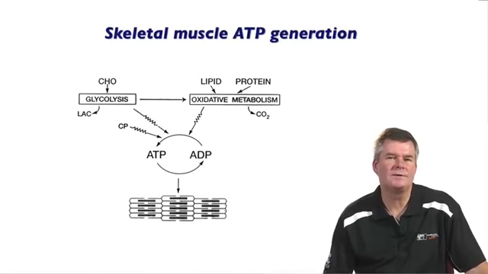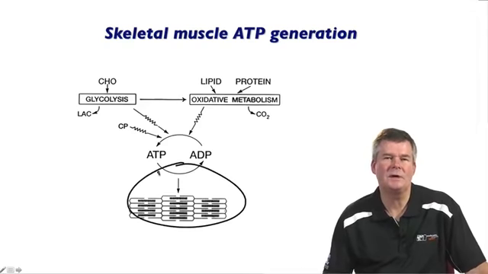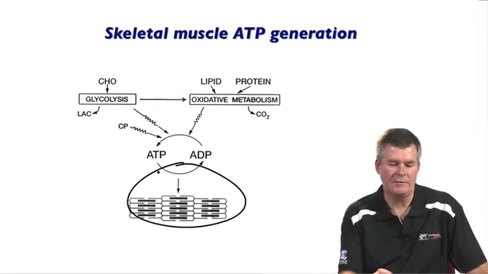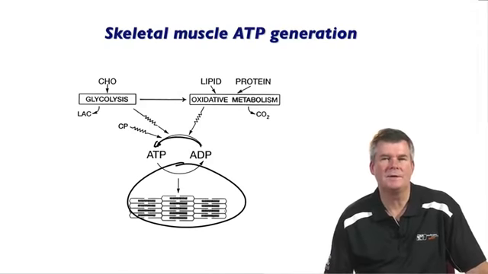This figure summarizes those energy systems. The important processes I mentioned earlier, where ATP is utilized in muscle contraction, and then the other pathways that regenerate ATP from ADP during exercise of varying intensity and various duration.